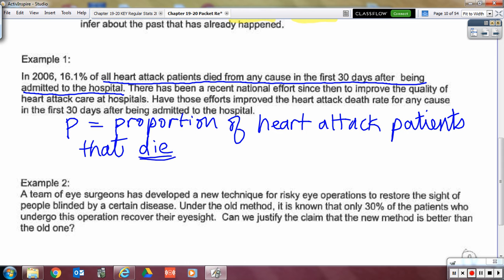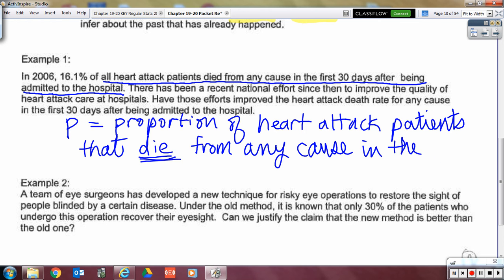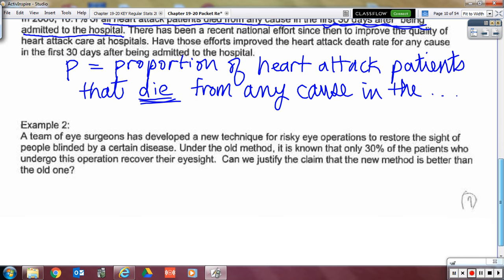We are talking about what is the current rate of death for those heart attack patients that die from any cause in the... I'm just going to leave it right there for now so we can go on. In the first 30 days after being admitted to the hospital, okay? When we actually do the full test, we'll write it all in, but we're just getting an idea what's going on. Or the full assignment.